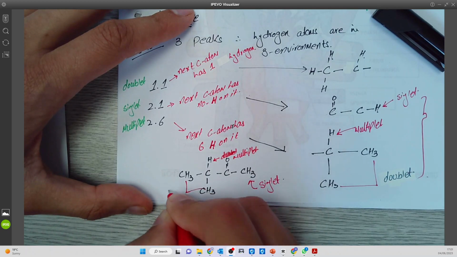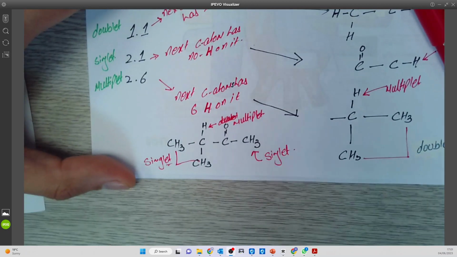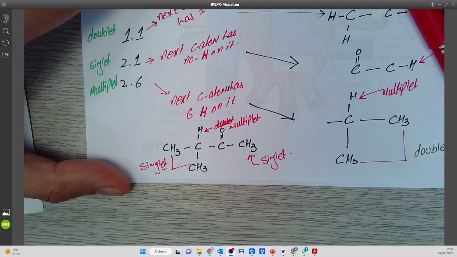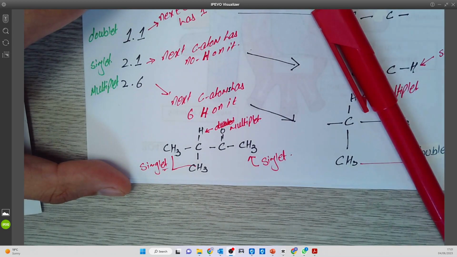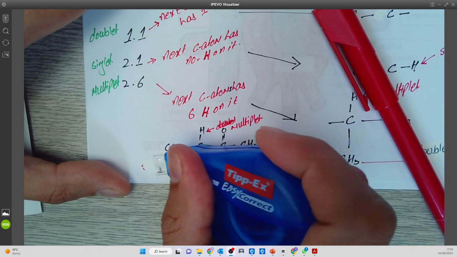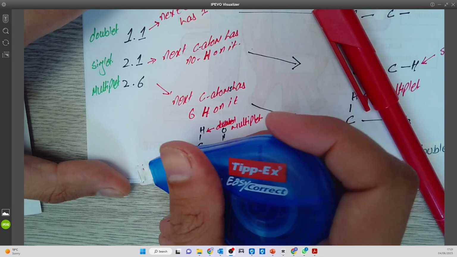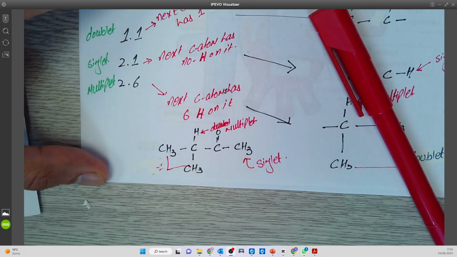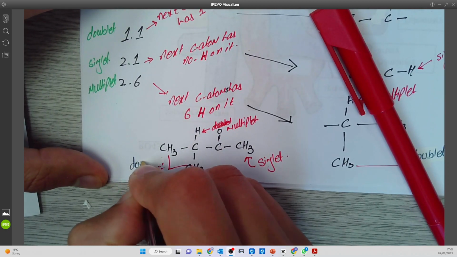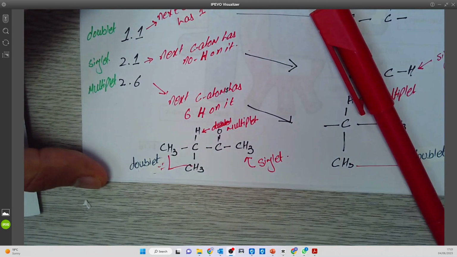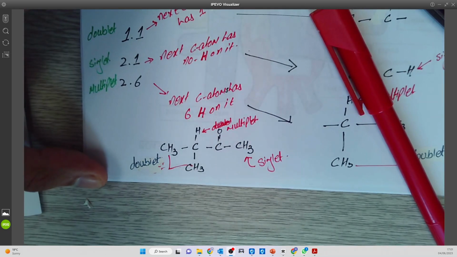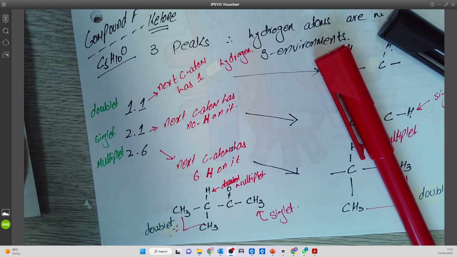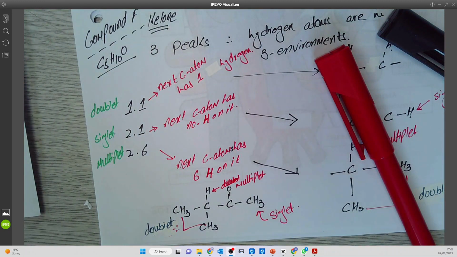And these two will be singlets, on both sides. So what will it be? The doublet. Why will it be doublet? Because the rule is n plus 1. Here you have one hydrogen, so it will be doublet. So do I have everything I need in my molecule? Got singlet, got doublet, and I also have a multiplet.